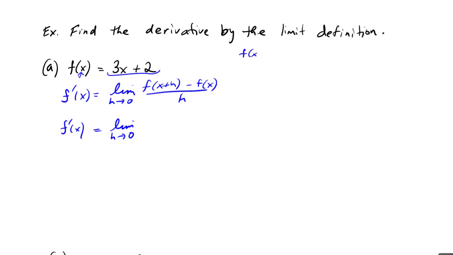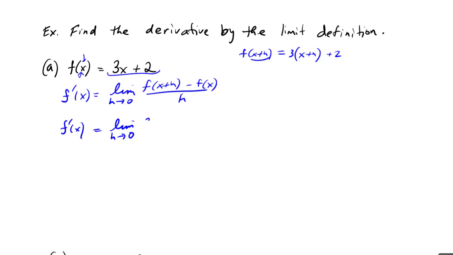F of x plus h would just be using x plus h for x as described in the original function. Remember, the original function is just a rule trying to describe what is being done to x. And so if you have something else inside, then you just do the same thing that's described from the original function. So it would be 3 times x plus h plus 2.